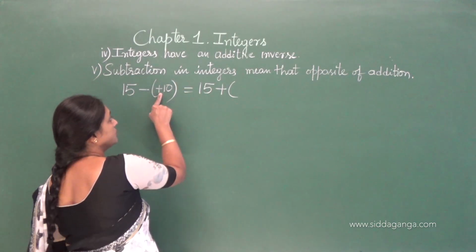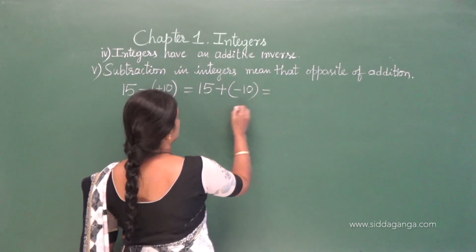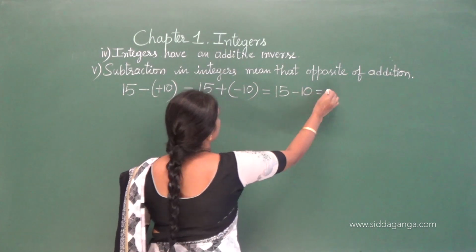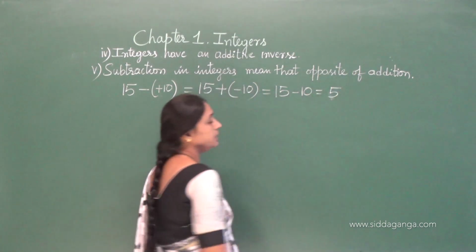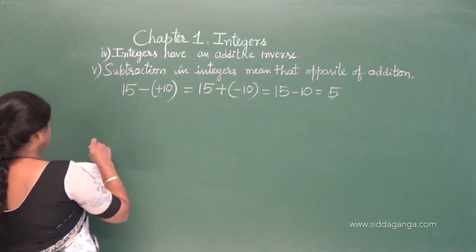What is the additive inverse of the given number? That is minus 10. So 15 plus into minus is minus 10. We get 15 minus 10 is 5. Here we get 5. Okay, let's consider another example.